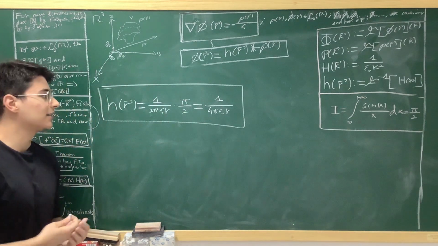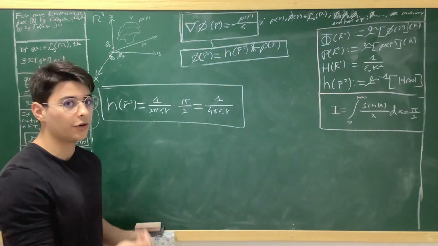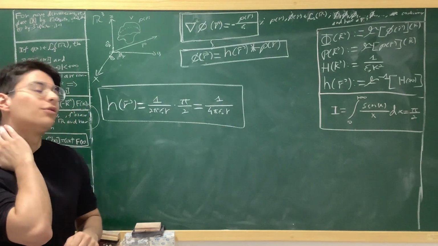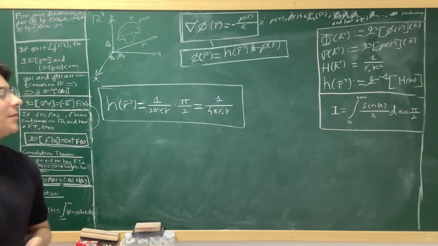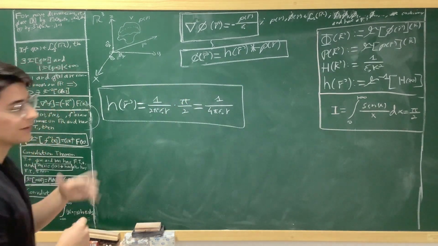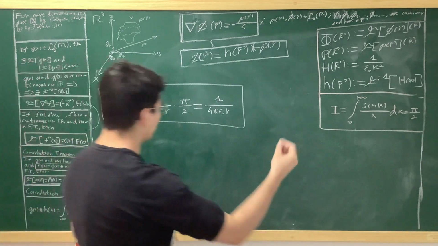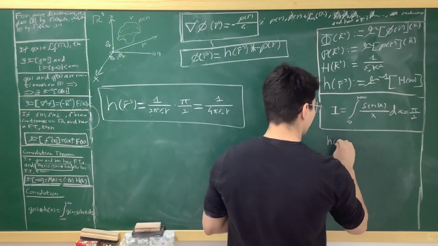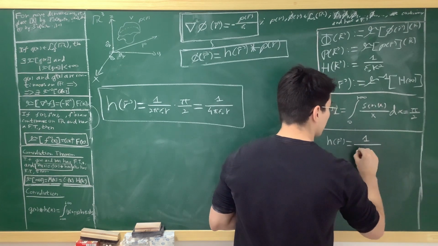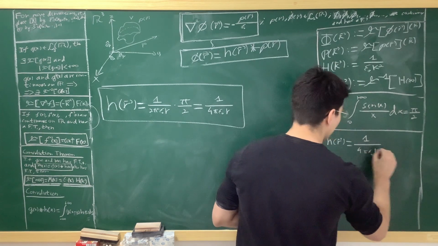If you have seen problems or theory in electromagnetism, you might find this expression really, really familiar. But let's just see what the potential is actually. What's the expression? So I'm just writing here that h of r is 1 over 4 pi epsilon naught r.